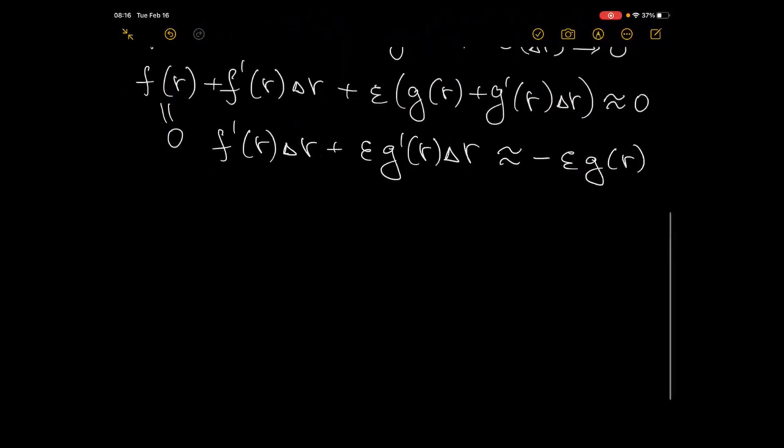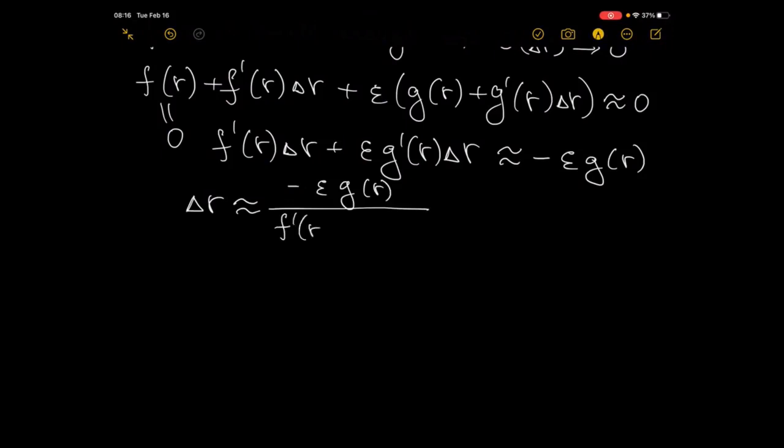Okay, and from here I can factor out delta R, and then I will get the following: delta R is approximately minus epsilon G of R divided by f prime of R plus epsilon G prime of R.